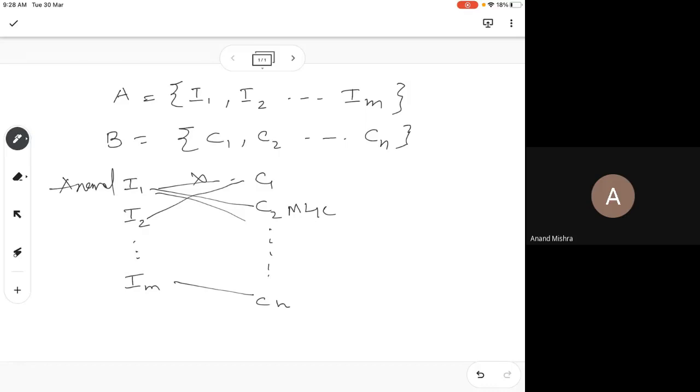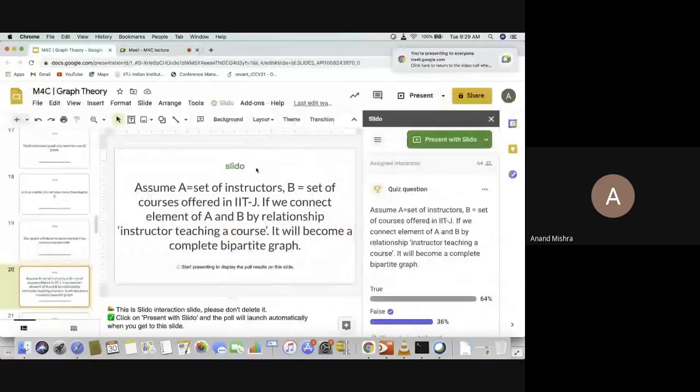Just a minute. Okay. And it will become a complete bipartite graph.